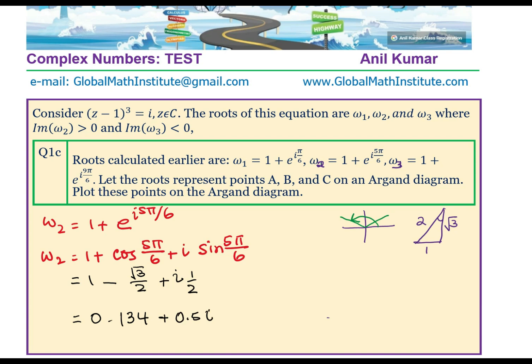So on the Argand diagram, I'm doing it separately so that you get a chance to do it yourself also. From the first one, you have understood how we do it. So 0.134 is very close to this place, somewhere here. That gives me omega 2, or the point B. Is that clear to you? So now we'll take omega 3.